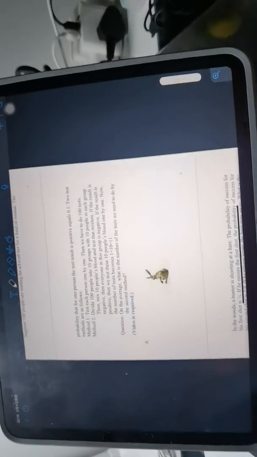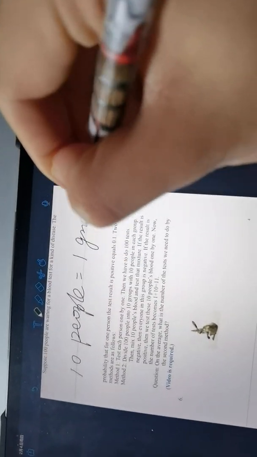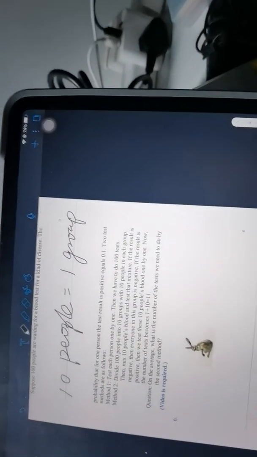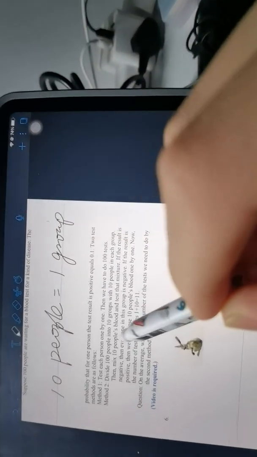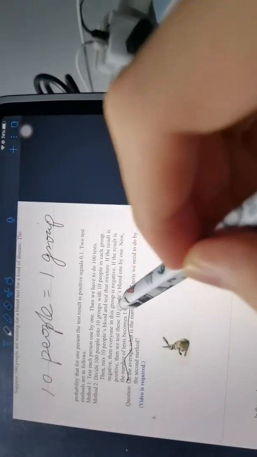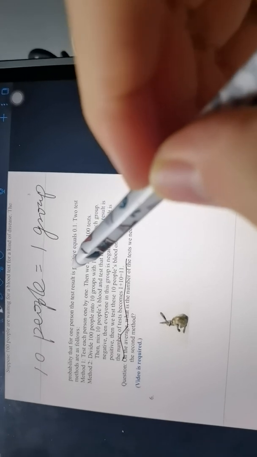We should see that every 10 people mix up as a group. That 10 people equals one group. The probability of one group having to be tested one by one: the first thing we find is that no one is positive.